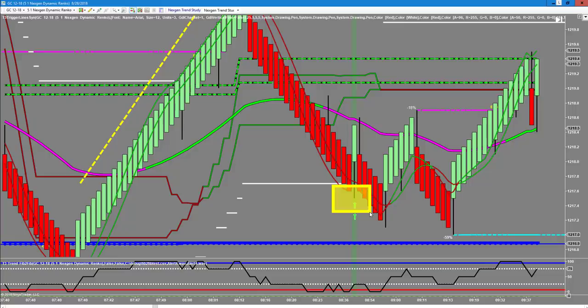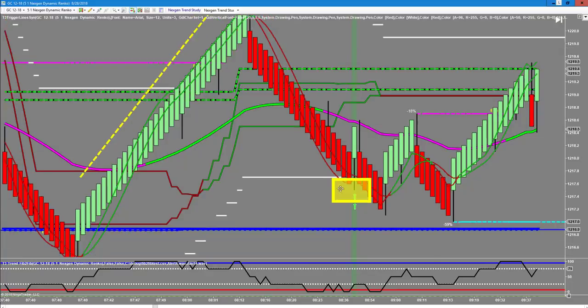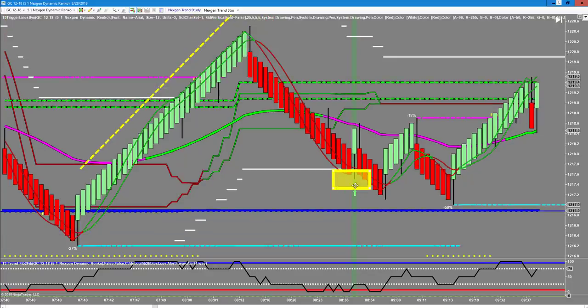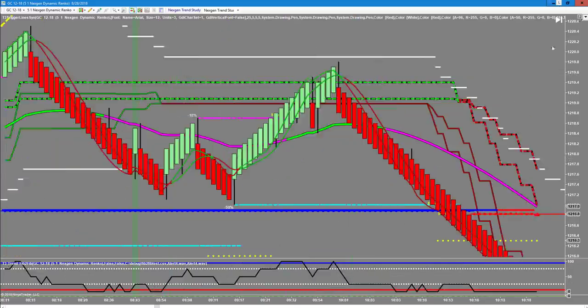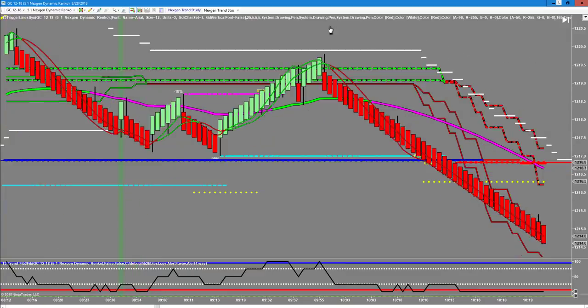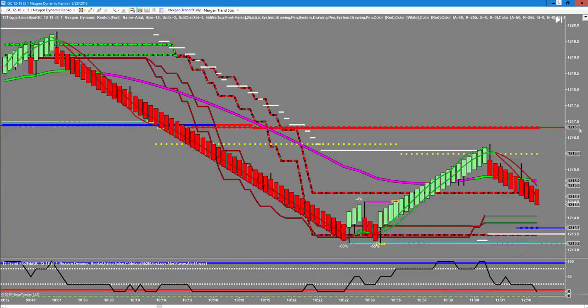No, not at all. So without that, we don't have a trade there. There is no trade. So we'll wait for everything to line up, and we'll wait for everything to come together. And then when we get the rules met and an area, then we'll have a trade.